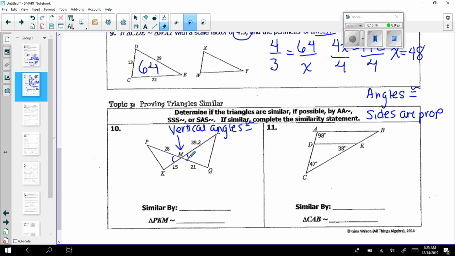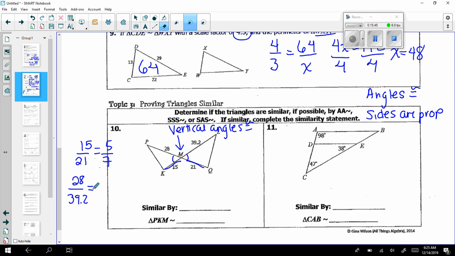So we want to do side angle side. Now, to match up the sides, be very careful. Okay, here's the smallest side for this triangle, so I have to match it up with the smallest side for this triangle as well. So I do 15 divided by 21, and I reduce that, and that's 5/7. Now this one is a little funky. So you've got 28 divided by 39.2.